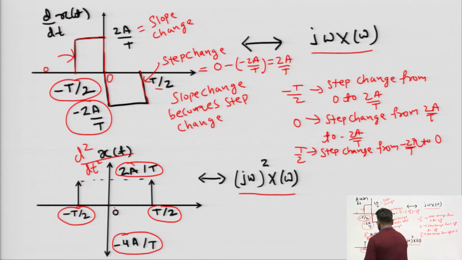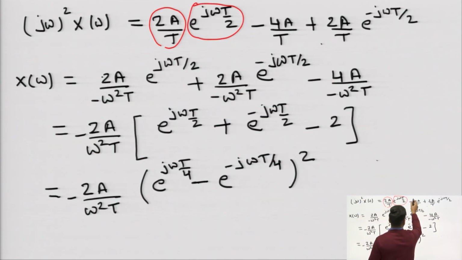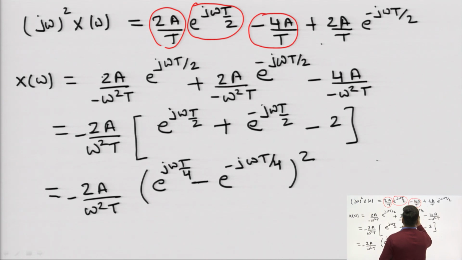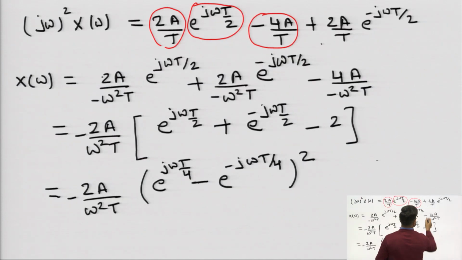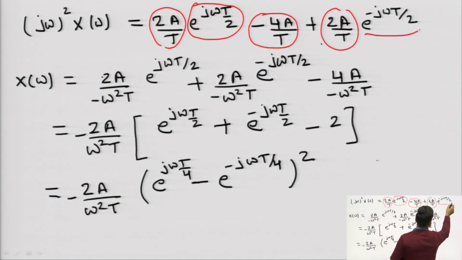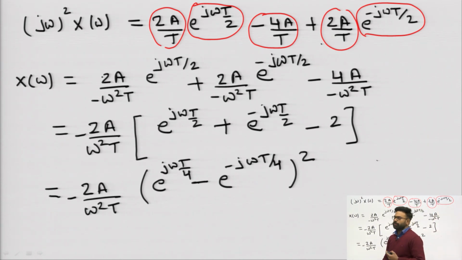Next impulse is at 0 and impulse value is minus 4a by t. So, we will have minus 4a by t because it is at 0. So, we will have e to the power j 0, its value will be 1, then plus t by 2 impulse value is 2a by t. So, 2a by t e to the power minus j omega t by 2, because impulse occurs at t by 2. Now, we will find out x of omega 2a by omega square t.